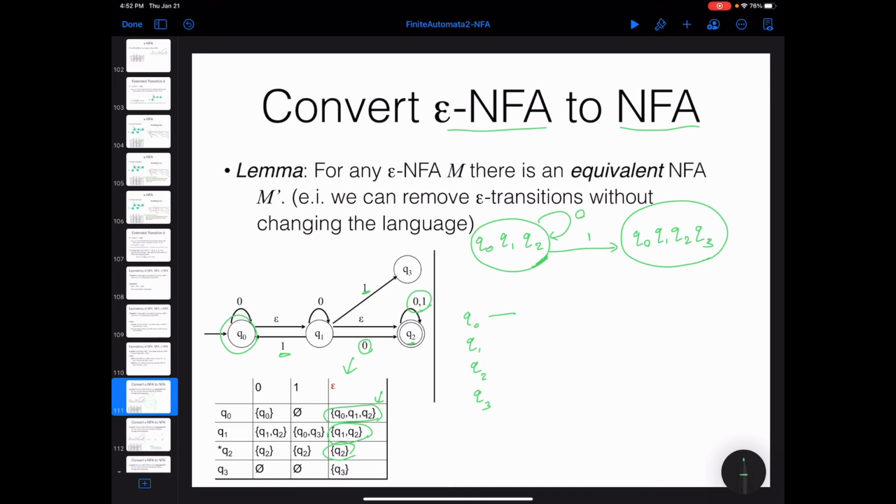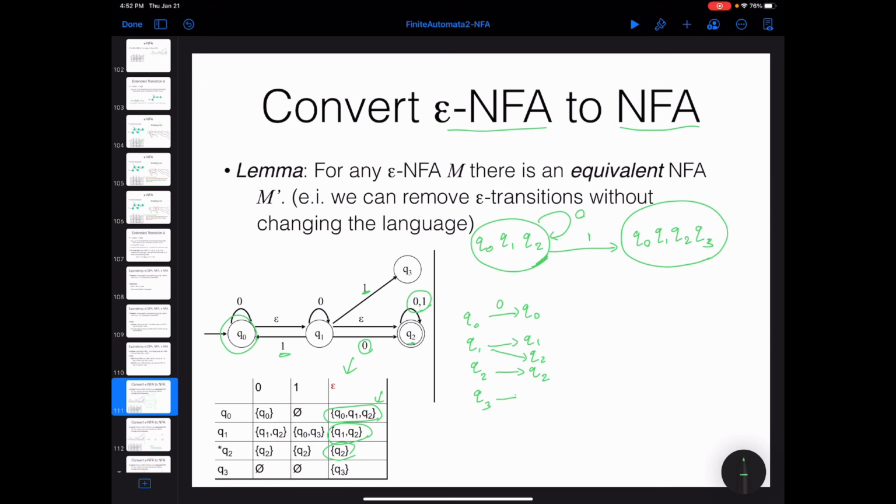This is going to be a 1 transition. If I read a 0, where can I go? You can actually go to Q0, right? If you read a 0 at Q1, you will stay at Q1 or you move to Q2. If you are at Q2 and you see a 0, you will stay at Q2.